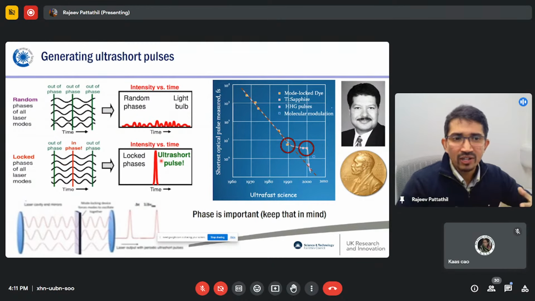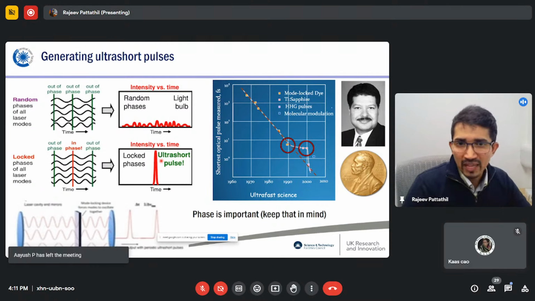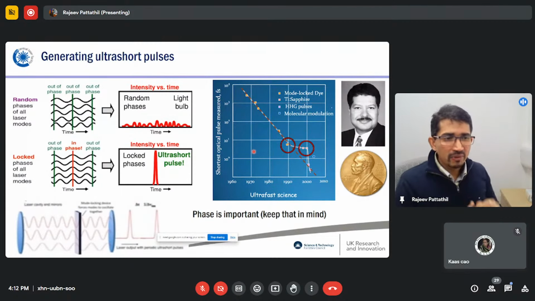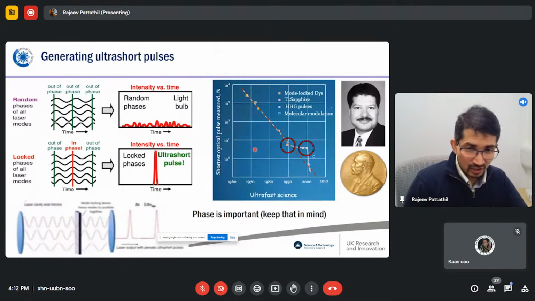So they have to be locked together in phase. There's a technique called mode locking that enables these different wavelength components to lock together. This is basically the technology that enabled short pulses. That led to pretty much everything that we're going to discuss later on in the talk.